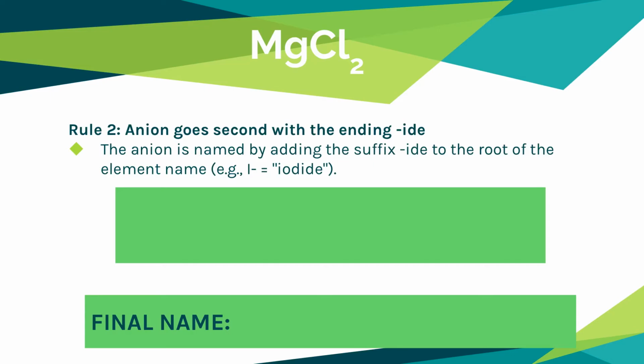The anion is named by adding the suffix -ide to the root of the element name. So in this case, this is our anion, and it's chlorine, but we change the ending to chloride. And so the full name of this compound is magnesium chloride.